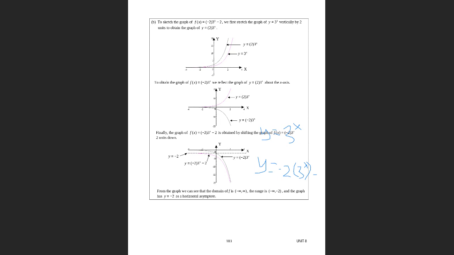We simply have to know that this graph is going to go through 3 translations. It's going to expand a little bit to the right, then it will reflect on the x-axis, then after that it will go down by 2 units. When it goes down by 2 units, your asymptote will no longer be y equals 0, but now your asymptote is going to be y equals negative 2.